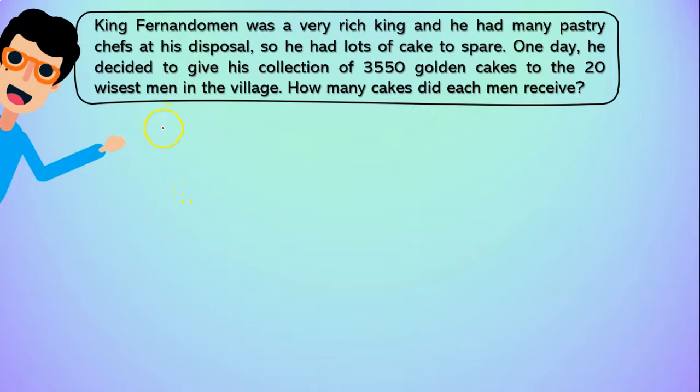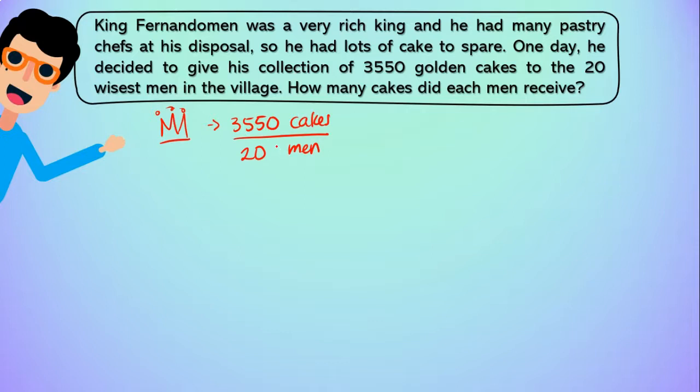Okay, so again, we have King Ferdinand, who wanted to give 3,550 cakes, and he's going to divide that and give that to 20 men, the 20 wisest men in the village.